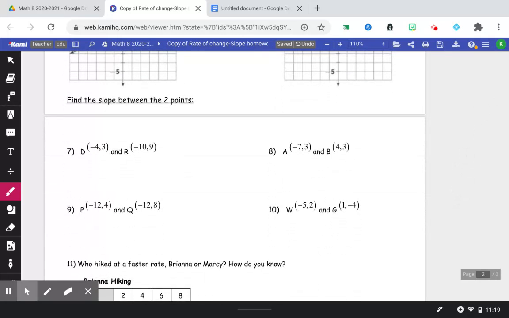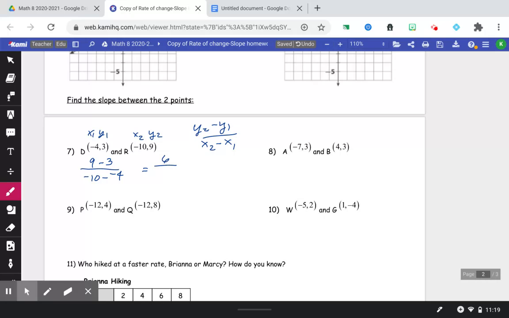Okay. All right, number 7. Remember your slope formula: y2 minus y1 over x2 minus x1. So I'm going to label x1, y1, x2, y2. I'm going to plug in 9 minus 3 over -10 minus -4. 9 minus 3, I get +6.